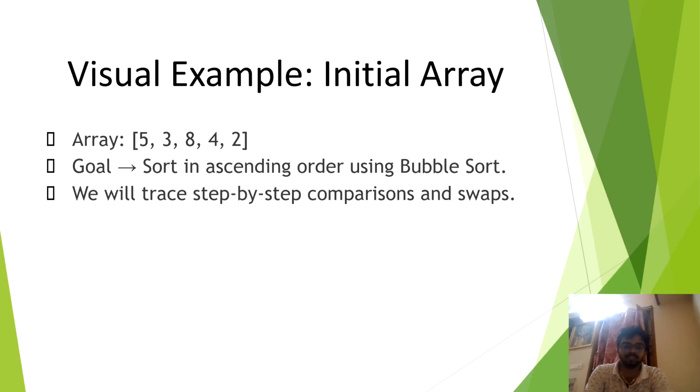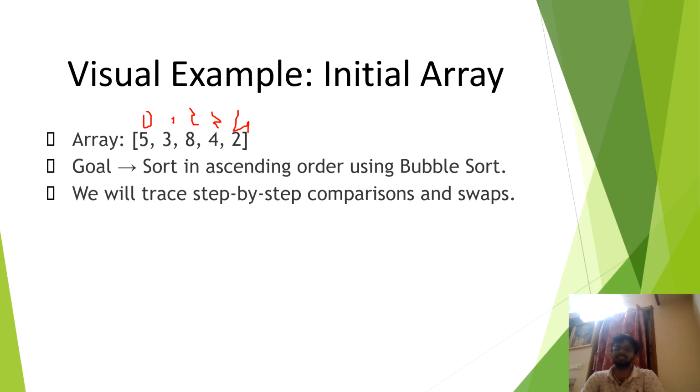Let's see, as array index 0, 1, this is 2, this is 3, and this one will be 4. So totally we have 5 elements. Our aim is to sort it in ascending order using bubble sort. We will see the step-by-step explanation of this sorting in the next slide.